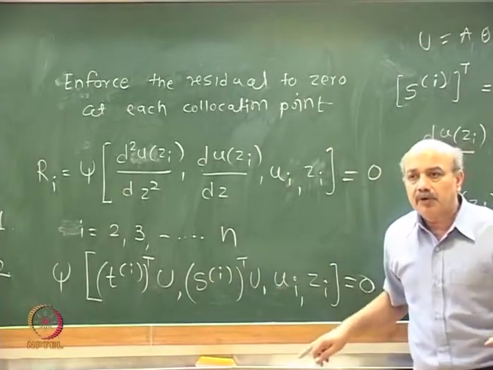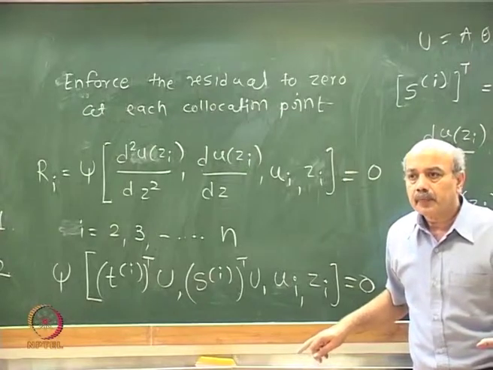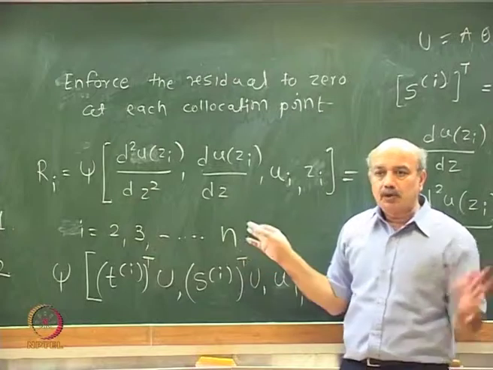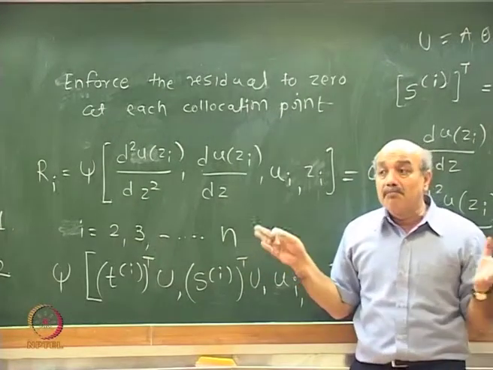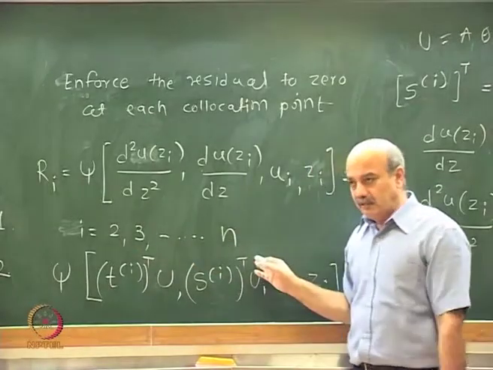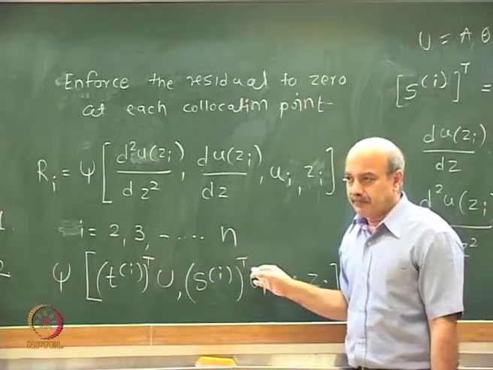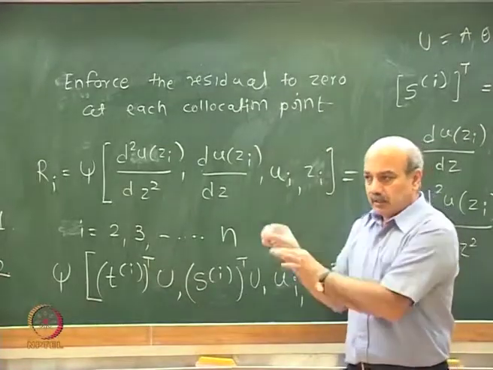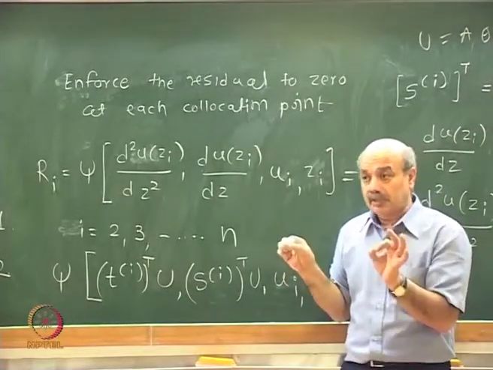How many such equations do we have? We got i equal to 2, 3, 4 up to n, so n minus 1 equations. We are going to set this residual equal to 0 at each of the internal collocation points.